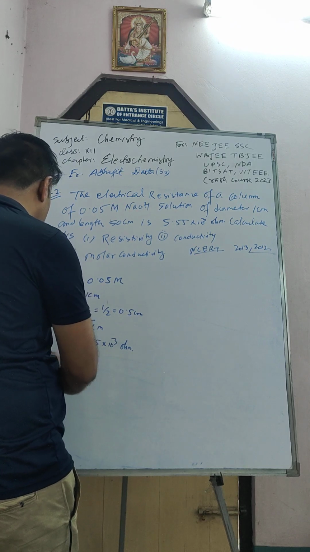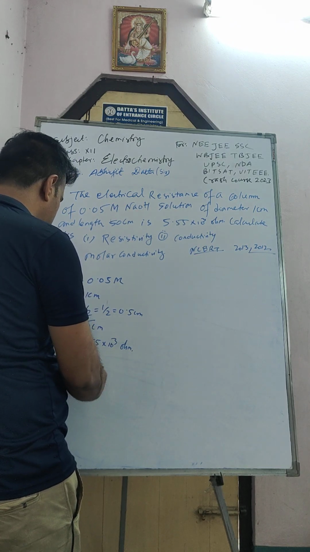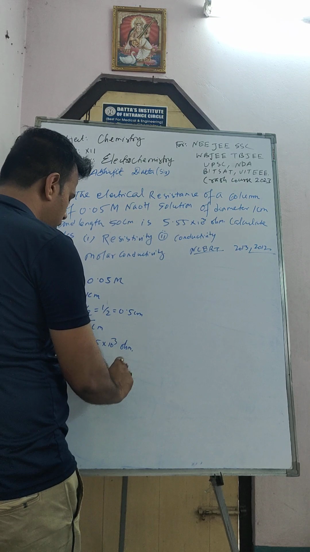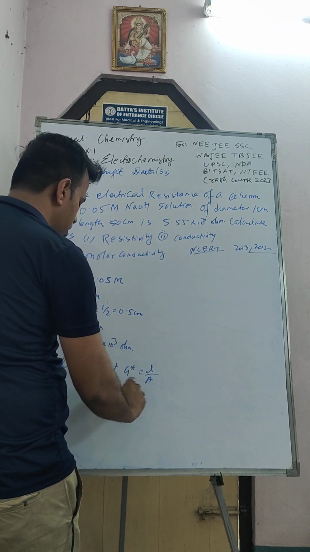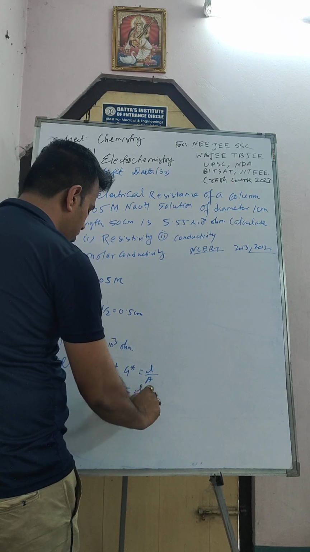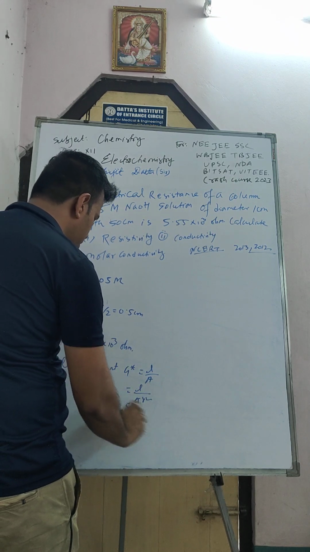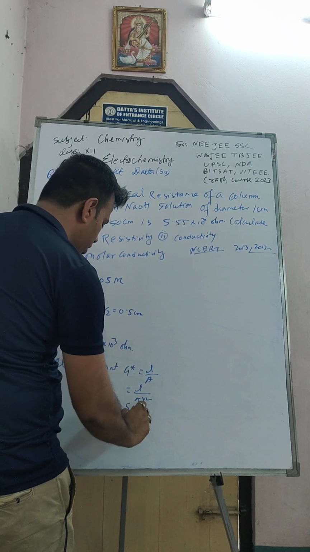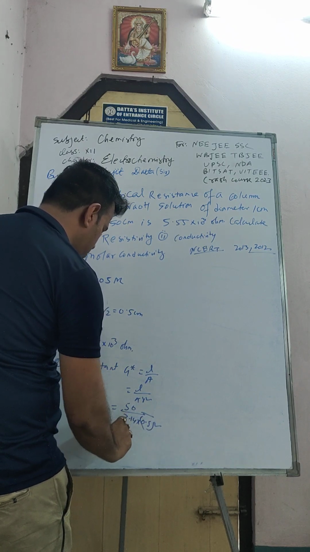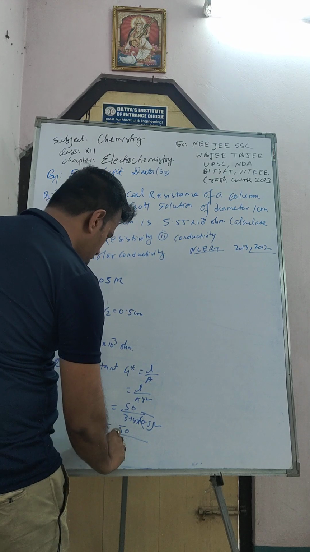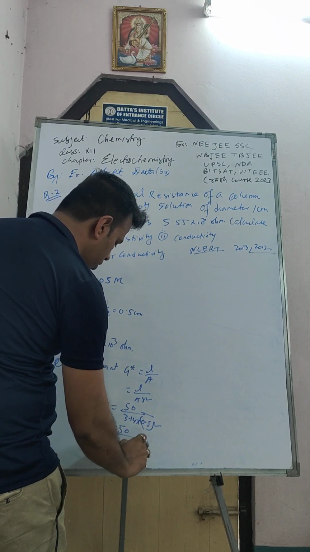The cell constant G star is equal to L by A, so L by pi r square. L is 50, pi is 3.14, r is 0.5 whole square. So 50 by 3.14 into 0.25.